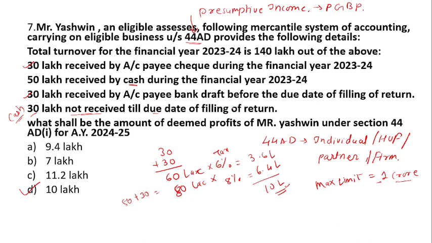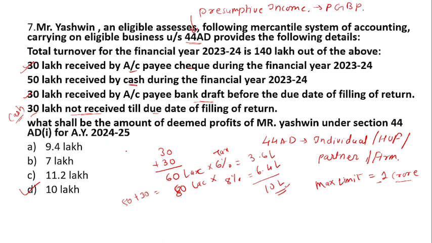So how do we calculate? We take the account payee cheque amount, that is 30 lakh, plus a bank draft, which is also considered as a cheque. So first of all, on the cheque amount you have to pay only 6% tax, that is on 60 lakh. 6% of the 60 lakh is 3.6 lakh. Then 50 lakh is received in cash and 30 lakh is not yet received, so we will consider it like cash, as we will get the amount in cash in future.